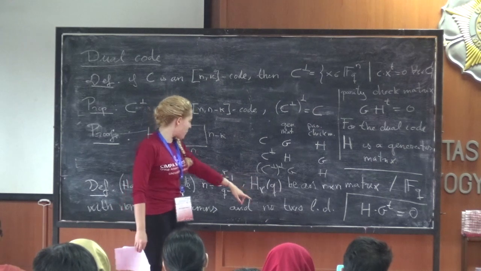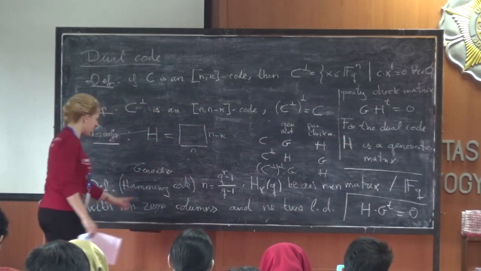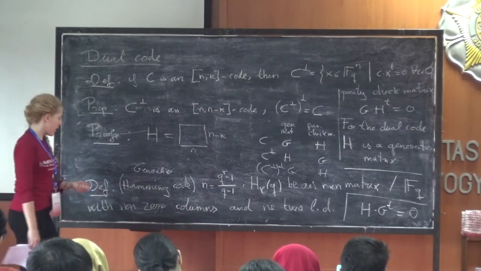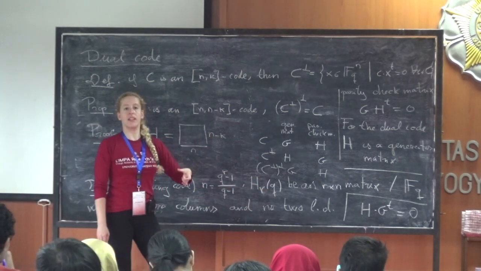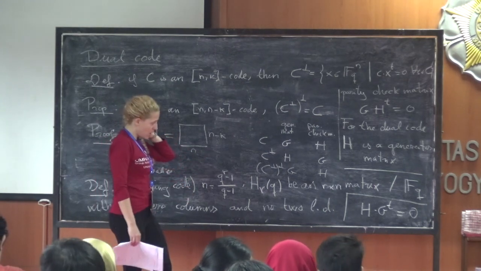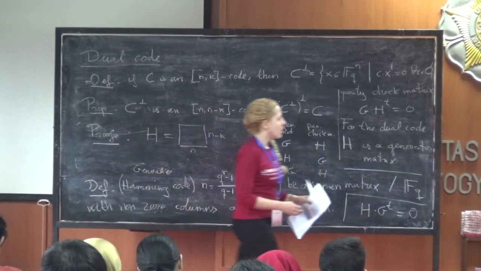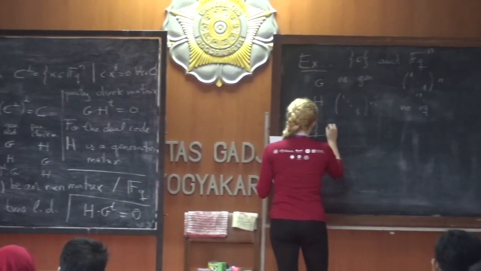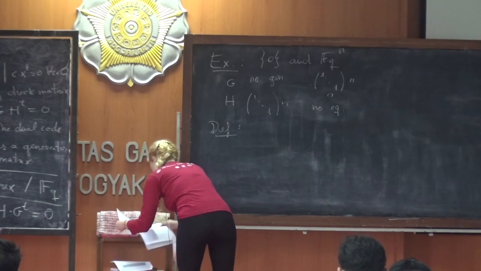With entries over F_q, and in such a way that you are not taking a column that is all zeros, so you always have to write something. And on the other hand, you don't want two columns to be linearly dependent. So you don't want to add the same information twice. Okay? So you do this, and you define this matrix. Okay? So now, with this matrix definition, you are going to define the code.